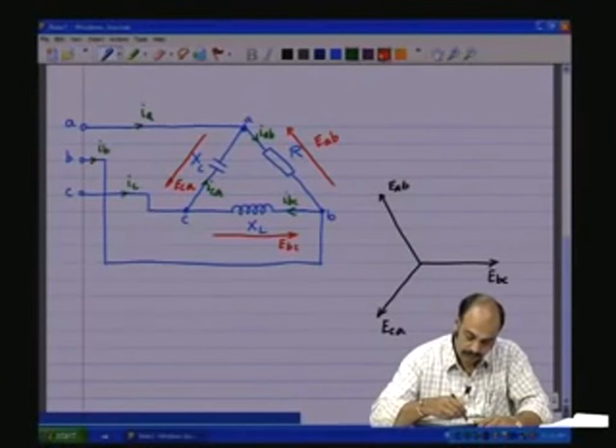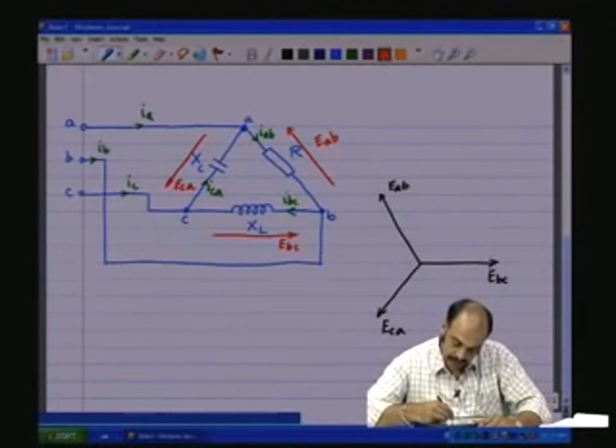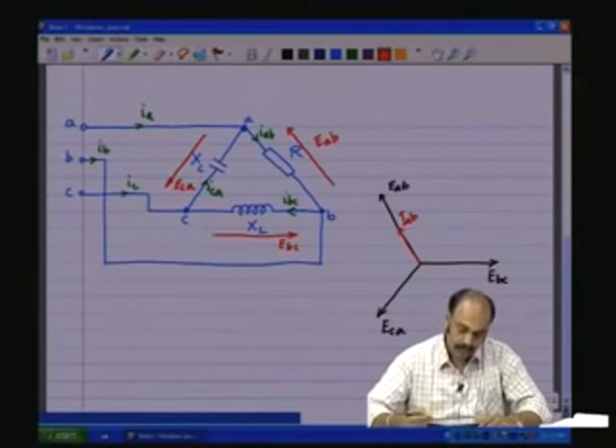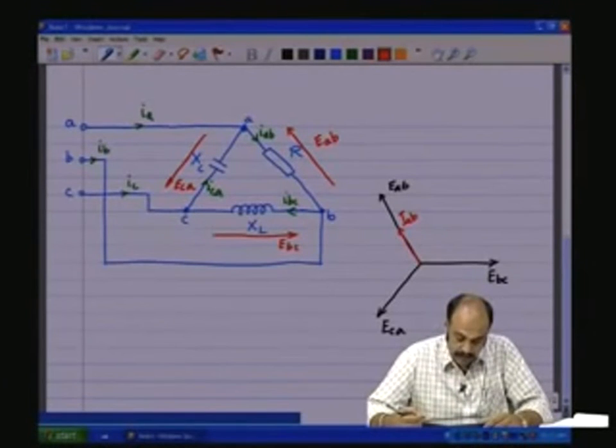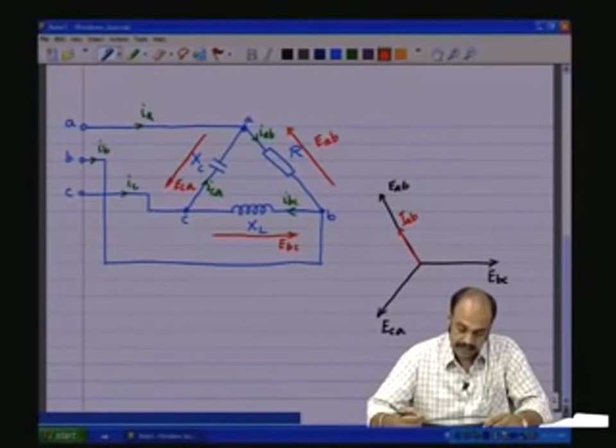Therefore, we shall put IAB in phase. Now, I will take the effective value: IAB phasor is in phase with EAB phasor.